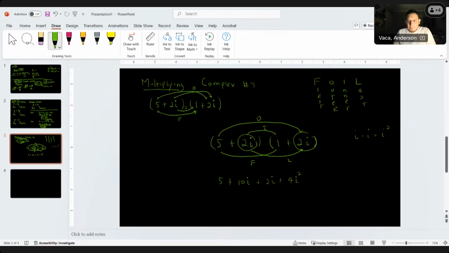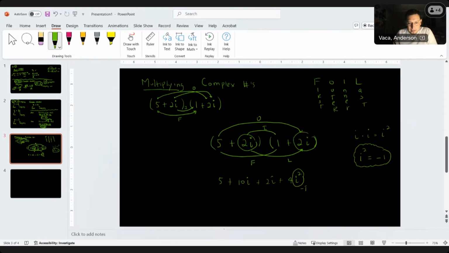But there's something about i squared that is very important to know. i squared, by definition, is the number -1. So every time we see i squared, it will get changed to -1. So right here, this i squared becomes -1.